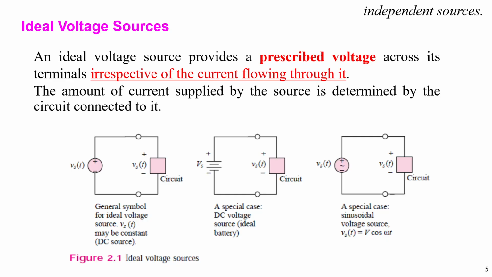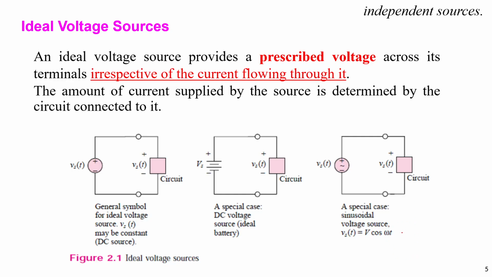We can have a DC source, or we can use this symbol like a battery, or we can use the AC source symbol to represent the AC source. And the AC source is usually in the form of a sinusoid, cosine or sine function like this.